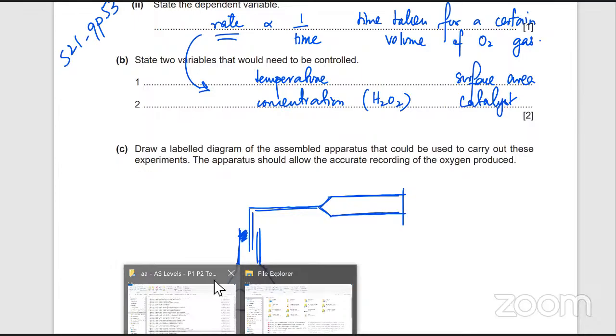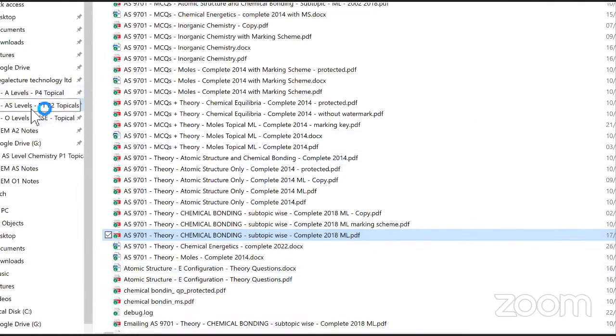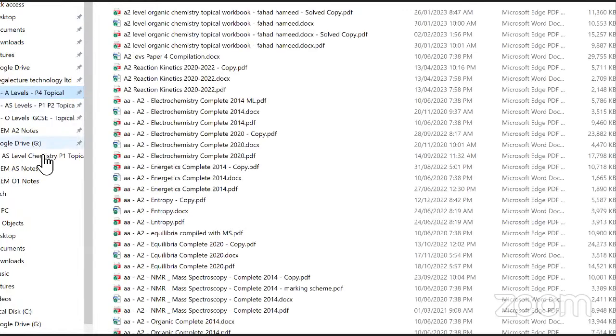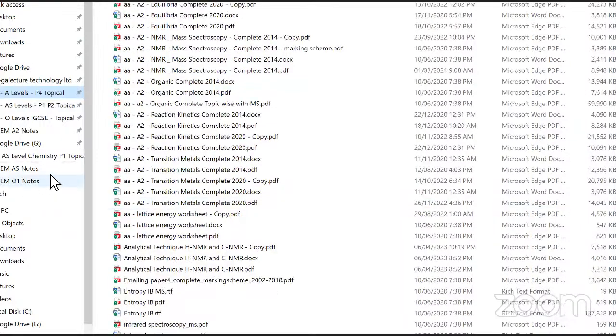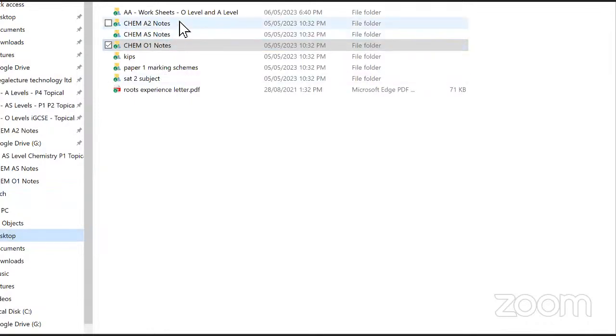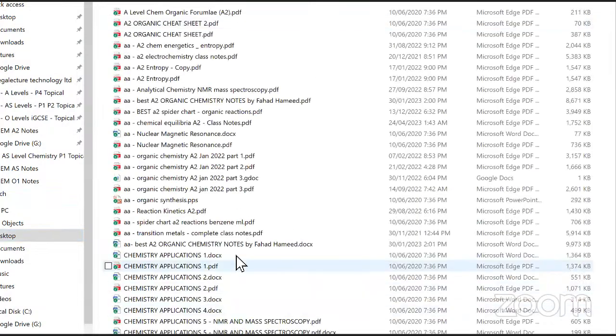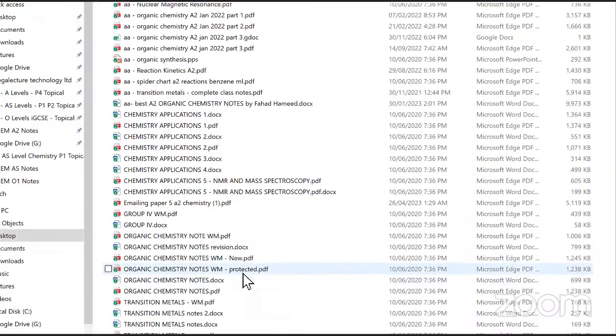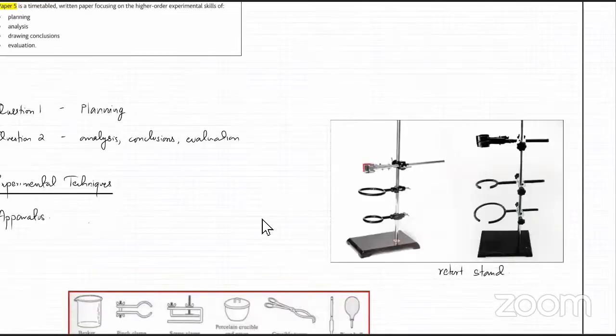Where is P5? One second. This one. Okay, over water, can you collect oxygen gas over water? I think you can because it's an insoluble gas. So that would also work; there's gas collection here.